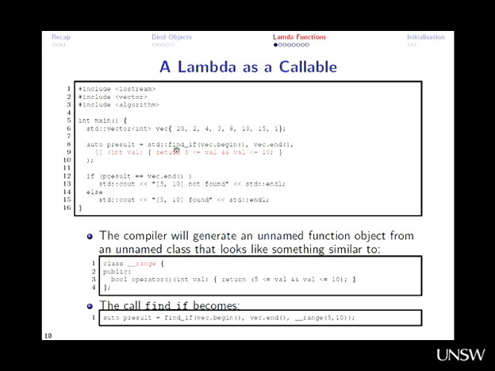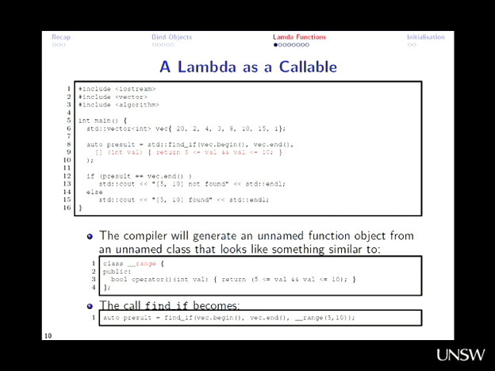In the middle of this algorithm call, a std::find_if, I actually declare inline this piece of syntax here that at first you're going to think looks really quite weird. Square brackets, normal brackets, squiggly braces. That's the syntax for a Lambda function. Okay?